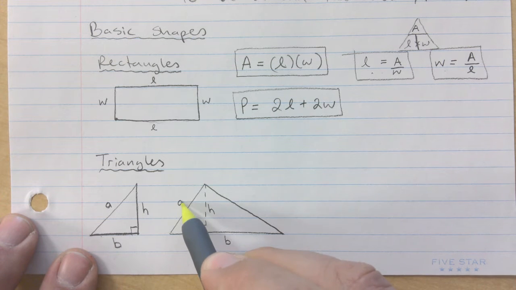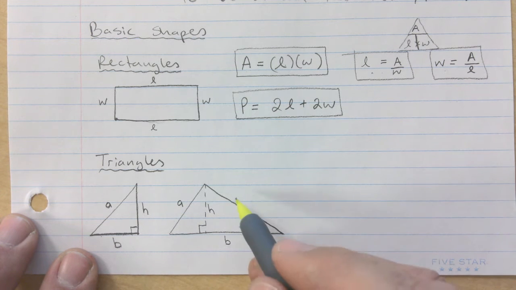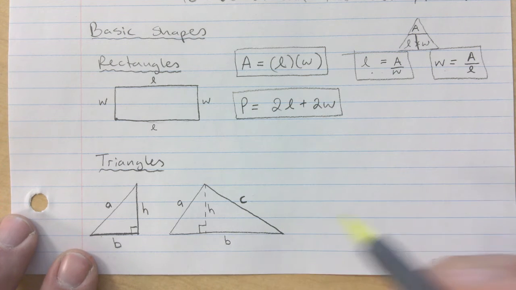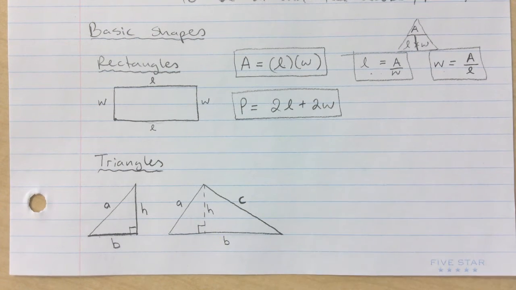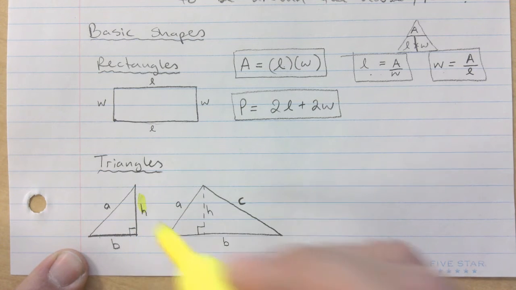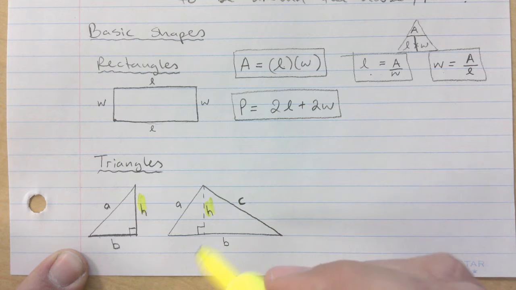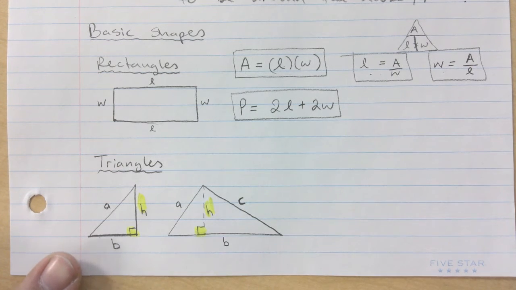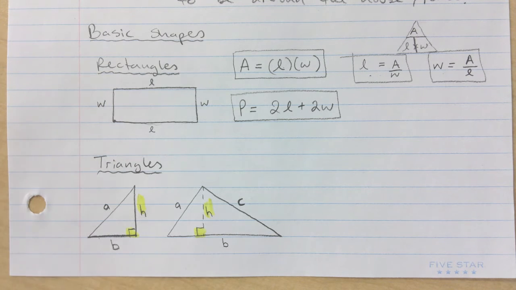And you have A and C. We can call this C, so ABC. But notice that what's so interesting about the height is that it always makes a 90 with the ground. That's something you need to remember. The height is perpendicular, makes a 90 with the ground.